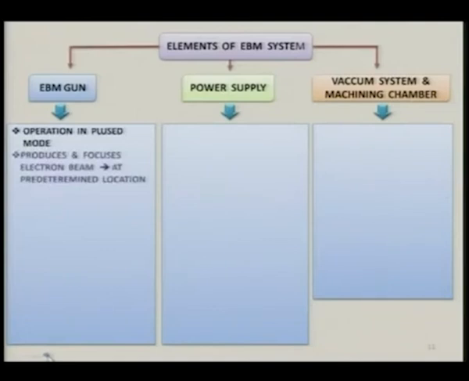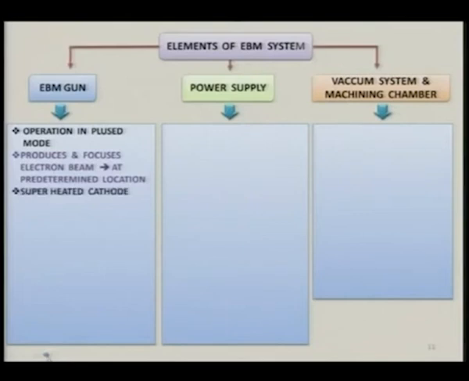Now for the electron beam machining gun, the operation is done in pulsed mode. It produces and focuses the electron beam at a predetermined location. This predetermined location is set with the help of lenses, etc.